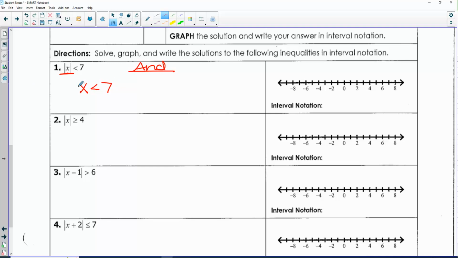And then, when it was an and, it was in between two, so I'm going to put another less than and a negative 7 on the other side. So it's between negative 7 and positive 7. If my distance from 0 is smaller than 7, it's somewhere between negative 7 and positive 7. So my solution, would they be open or closed circles? Open at both positive and negative 7, and we are graphing in the middle.